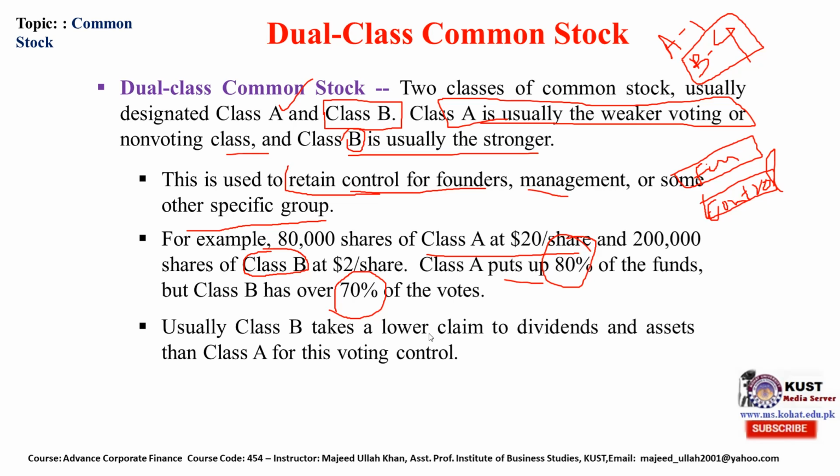Usually Class B, then what is the benefit to the Class A shareholder? Why do they invest in Class A shares? Because Class A shareholders are given preference in dividends and claims on assets in case of liquidation.